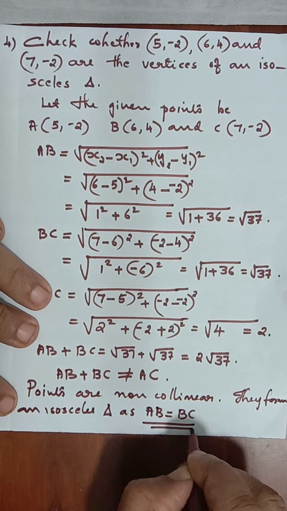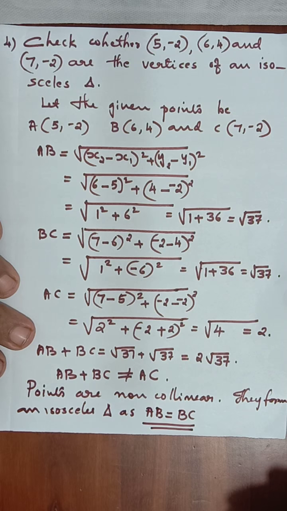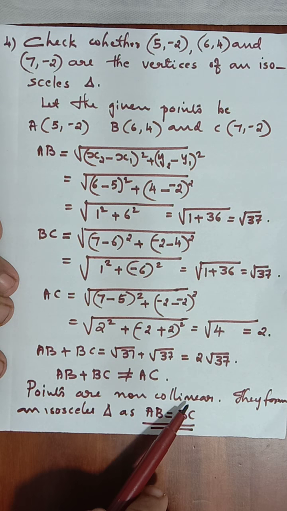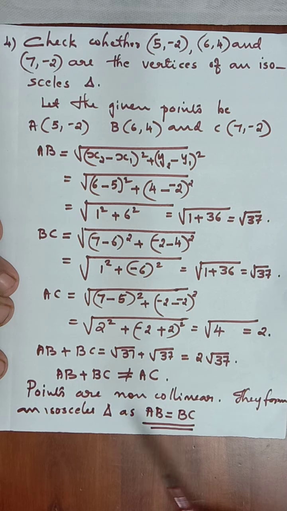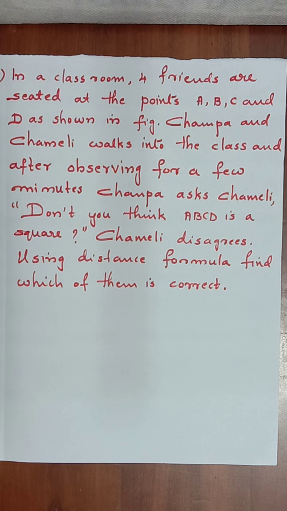This is how we can prove that these 3 points ABC form an isosceles triangle. First condition is points are non-collinear, so it can form a triangle, and 2 sides are equal, therefore it is isosceles.